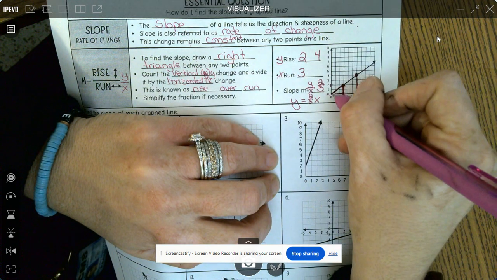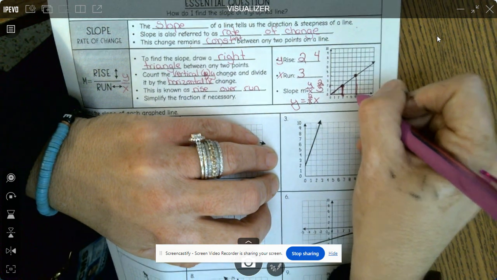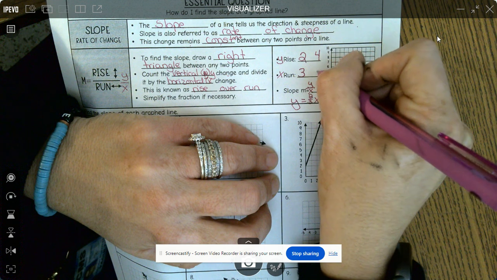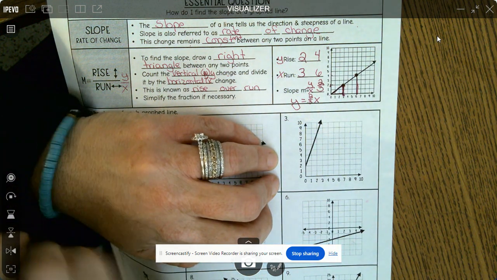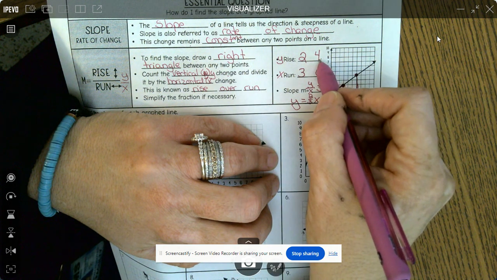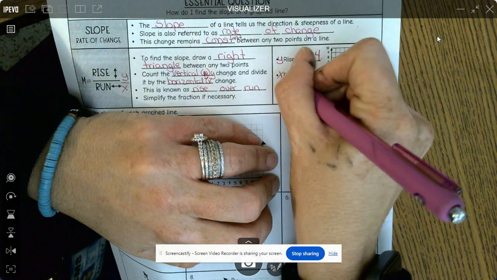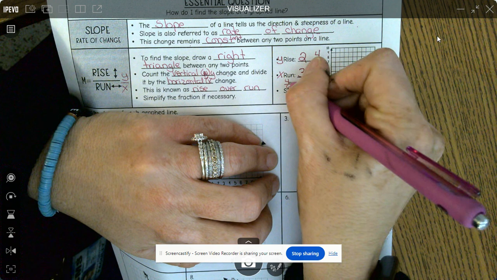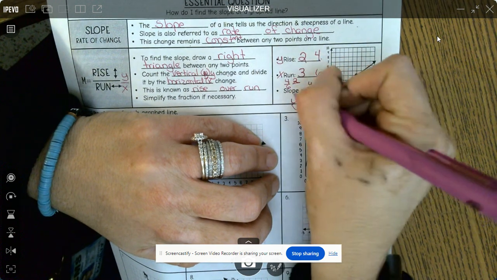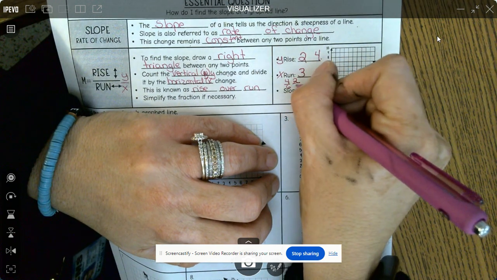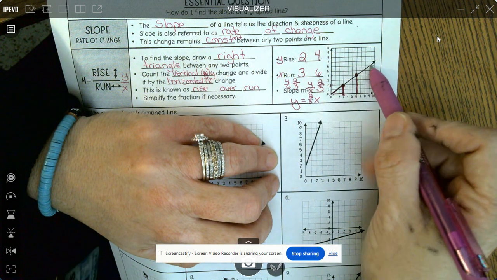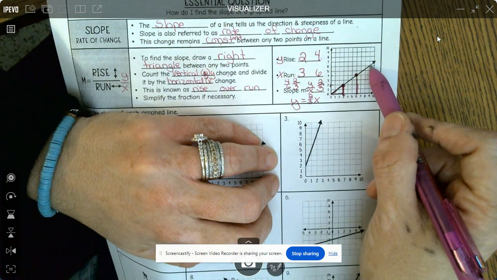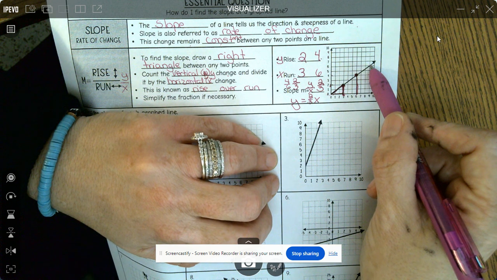And how many spots do I run to get to here? 6. If I were to simplify 4, 6, what are you going to get? 2/3. Yep, because if I have 4, 6, 2 can go into 4 2 times. 2 can go into 6 3 times. So it doesn't matter if you go up to larger numbers, you're still going to have to simplify.